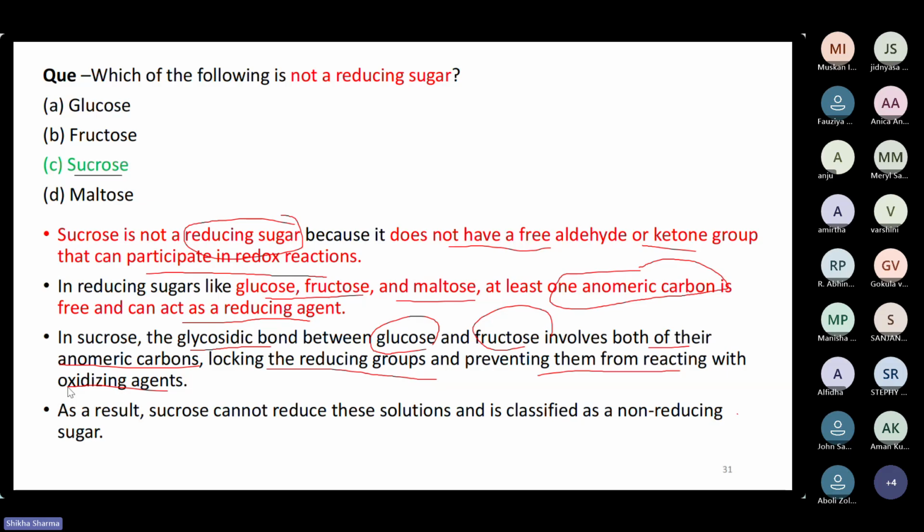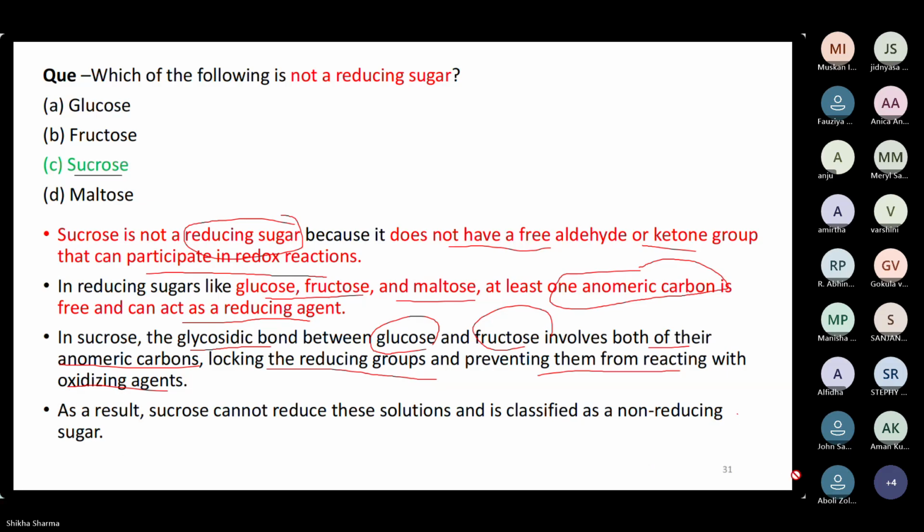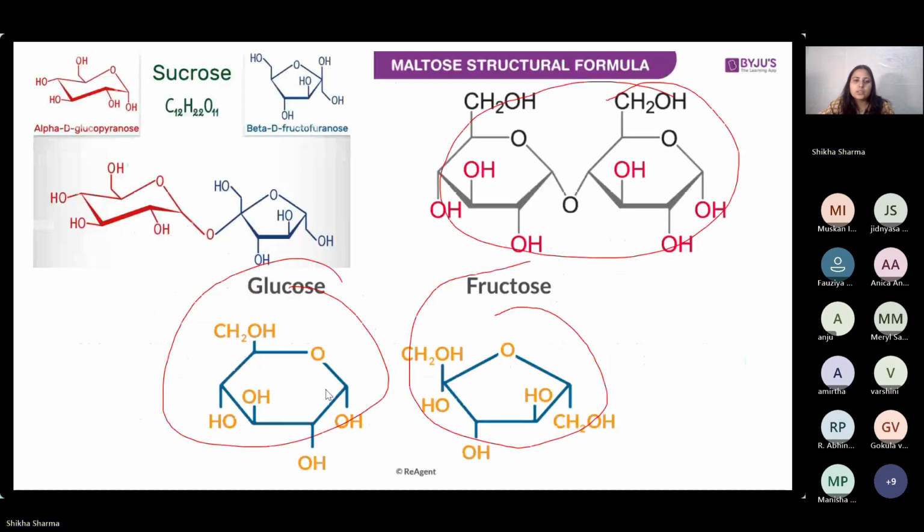So this sucrose cannot react with oxidizing agents, and it cannot act as a reducing agent. So sucrose cannot reduce this solution. That's why it is known as a non-reducing sugar. Basically, this is the anomeric carbon here.